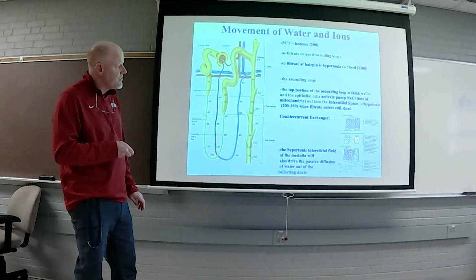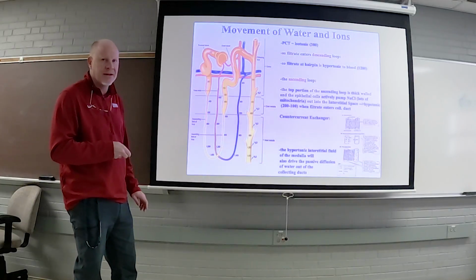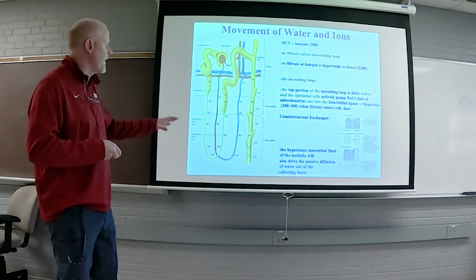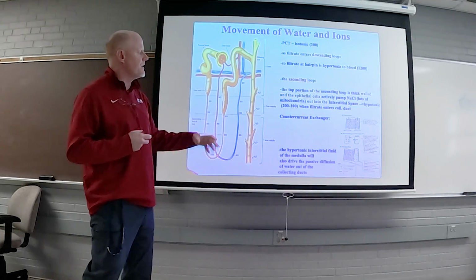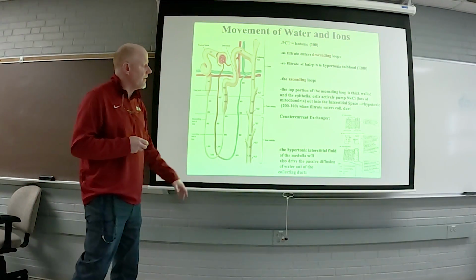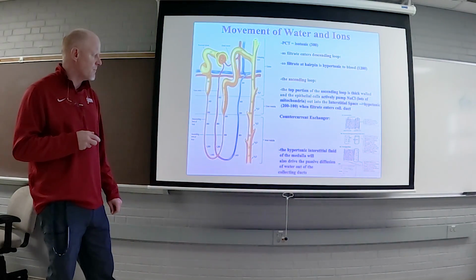And what that leads to is the pool of salt in the interstitial space. And as you continually move fluid through that, like this, we will continually add solute to the medullary interstitial fluid, which will allow the collecting duct then to fine-tune water absorption.